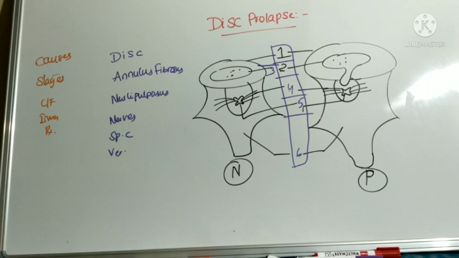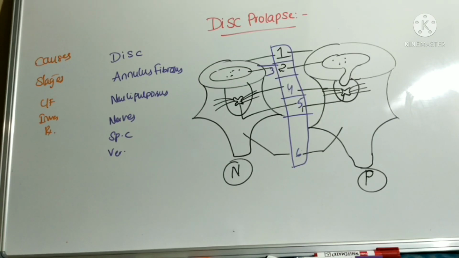Here the disc consists of three parts. What are they? Nucleus pulposus, annulus fibrosus, and the cartilage end plate. Okay, the protrusion or extrusion of nucleus pulposus, the third part which I have mentioned, in that particular ring you can notice that third part, the extrusion of that nucleus pulposus through a weak point, that weak point of annulus fibrosus, which is the second part.